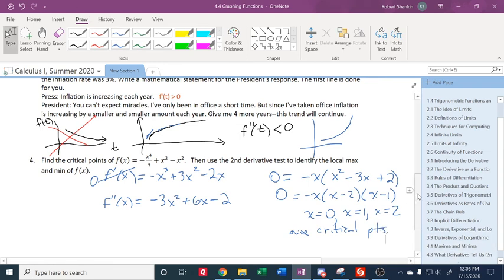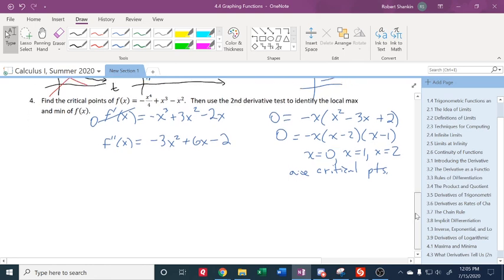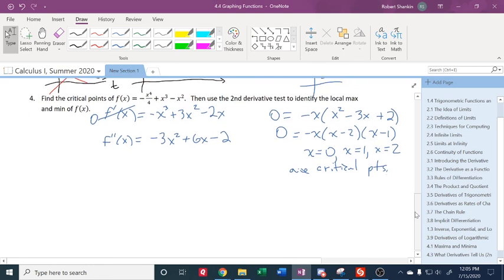All right, now, if I had a graph, I'd just look at the graph and say, all right, that looks like a local max, a local min, and so on. I don't, but there's a very quick way I can figure out whether these are local max, local min, or neither. We plug them into the second derivative.